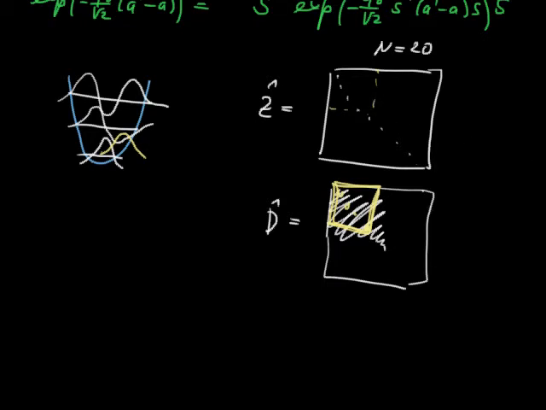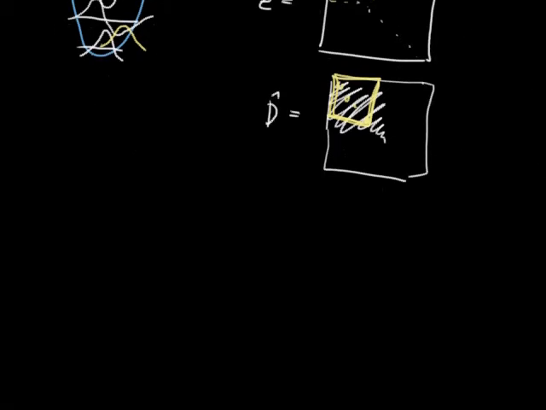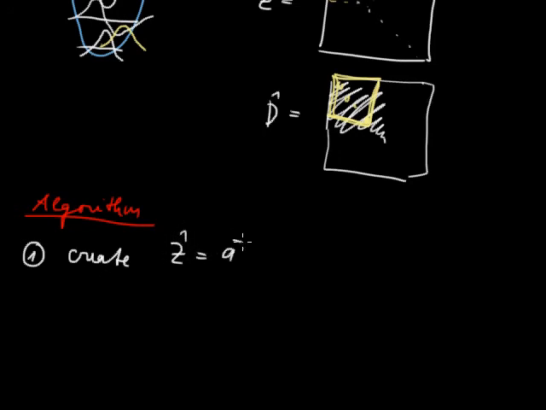Okay, so the algorithm to calculate my D will be the following. It's nothing really scientific. So you start by creating an operator Z, which is equal to A dagger minus A. This is very simple because I know the matrix elements of these guys.